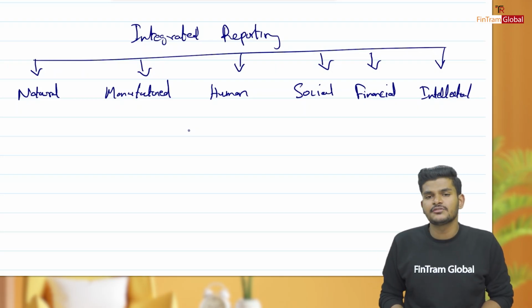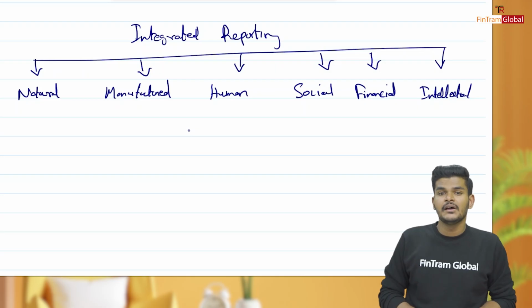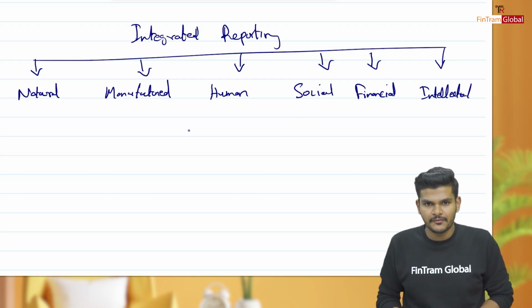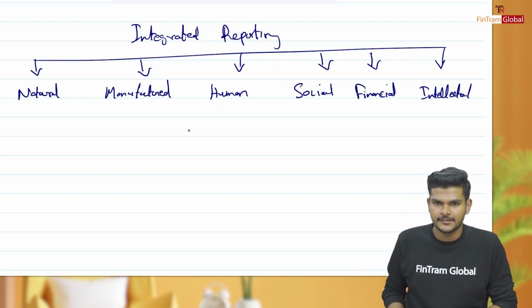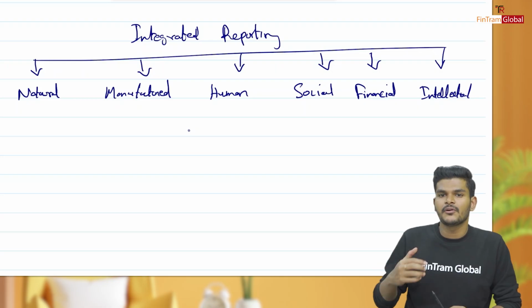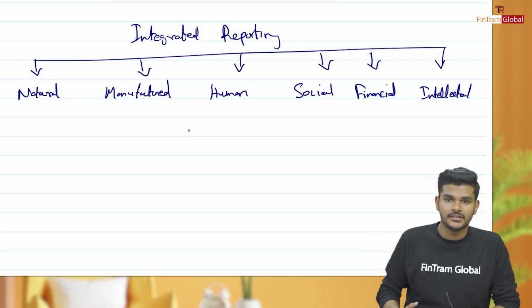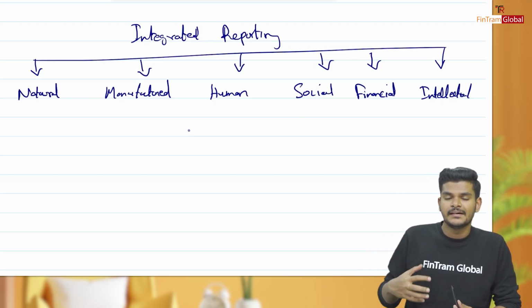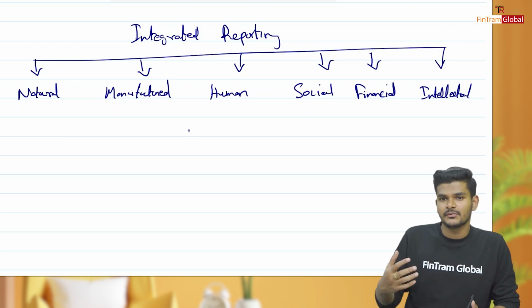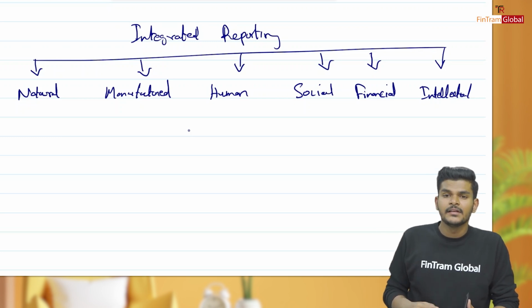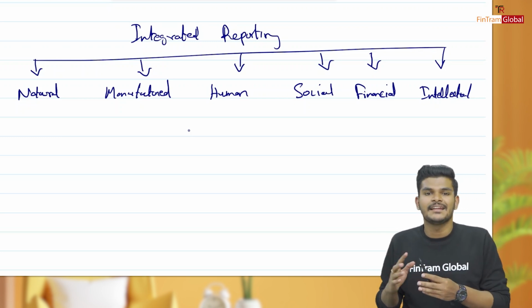And then intellectual capital relates to things like intellectual property. No, not exactly. Okay, folks. It's majorly all about the knowledge base that we have. Okay, folks, that's what intellectual capital majorly relates to. For example, the people within our organization will have a certain degree of knowledge, right? So that particular knowledge base, all the databases and stuff like that, right? So that's what comes under intellectual capital here.